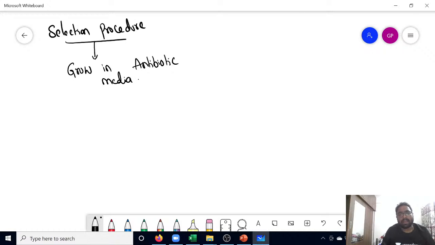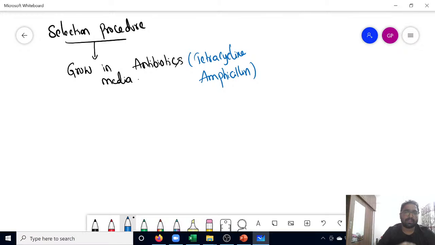What are the antibiotics? Tetracycline and ampicillin. Both of these are antibiotics.